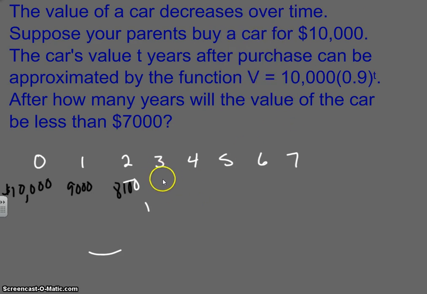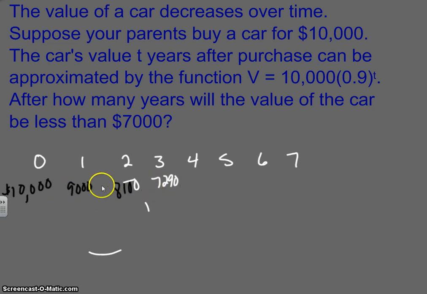Let's raise 0.9 to the third power. That's going to be 0.729. That's going to be 7,290. Okay, so this is ugly, I know.